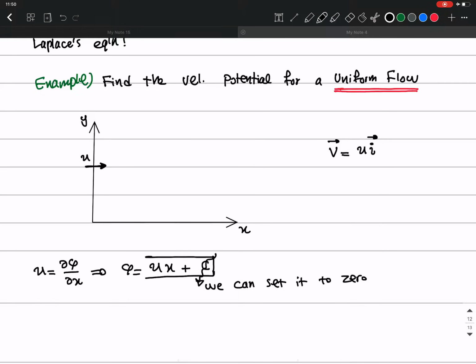Okay. And so then our velocity potentials are going to be like this. So the first one, if I want to plot them, is going to be here. It's like phi 0. Then the next one is going to be here. So say phi 1 equals u.